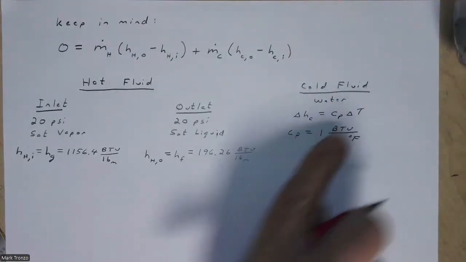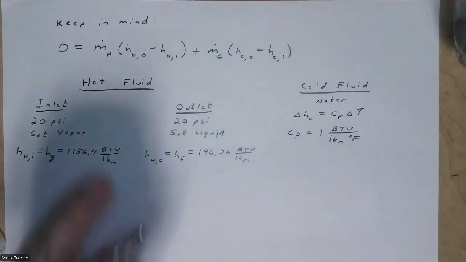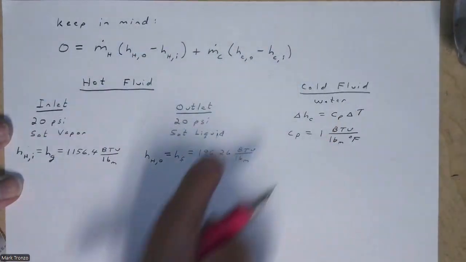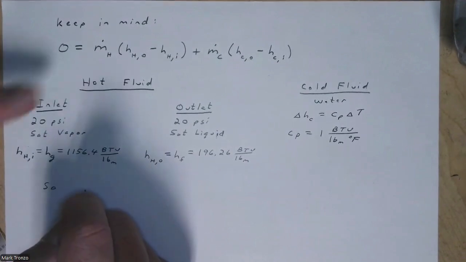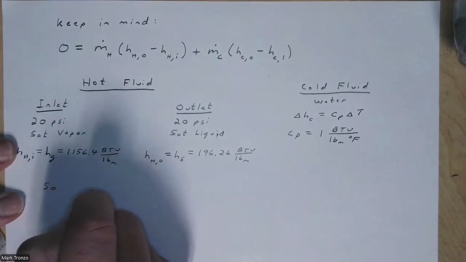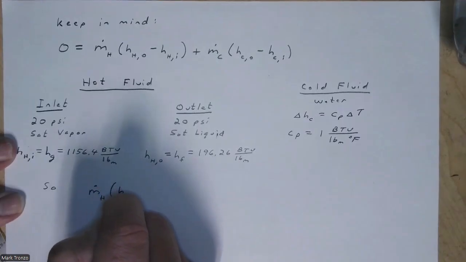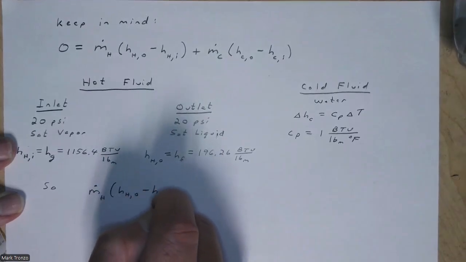Then we can put that into our equation up here. And I'll even put it over here. So let's actually rewrite this equation down below. So this is going to be m dot hot times h hot out minus h hot in.